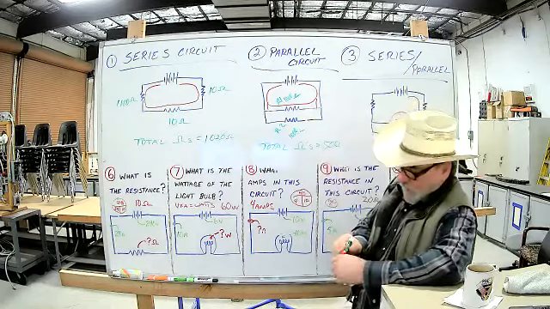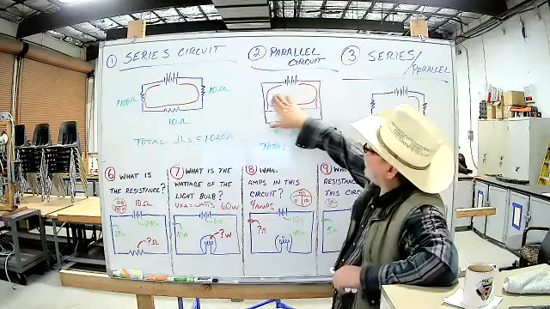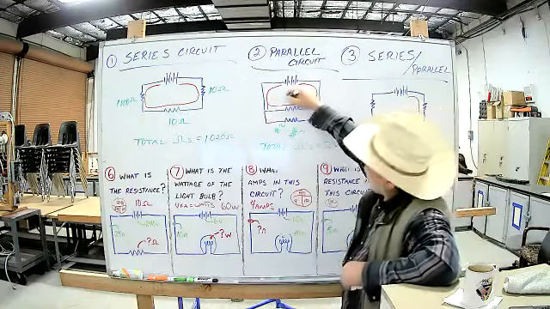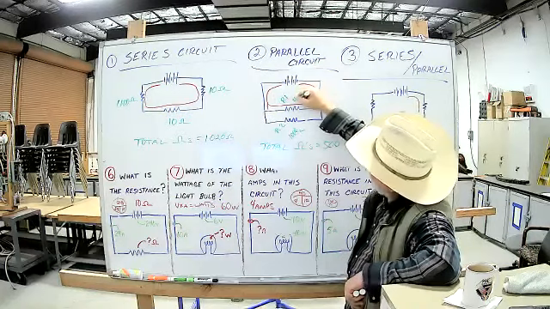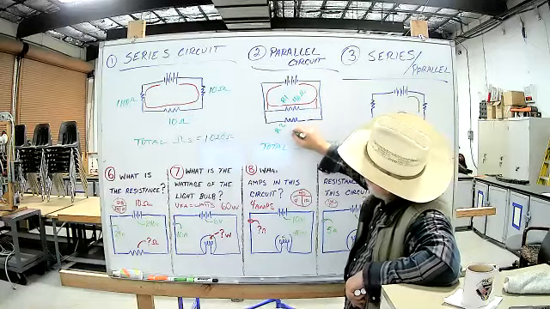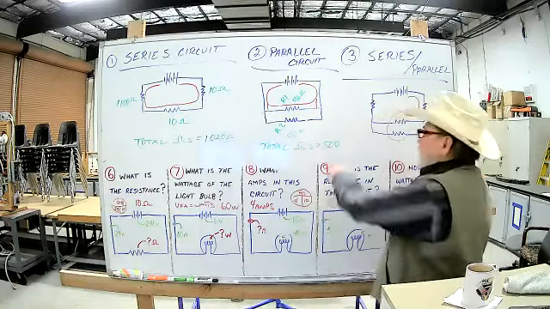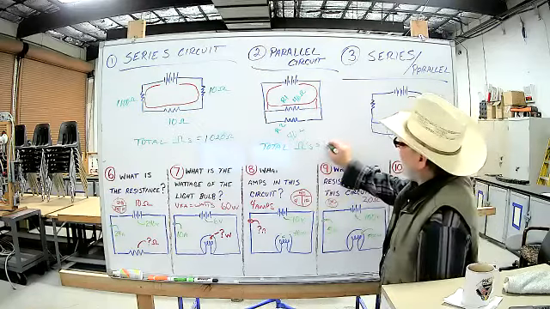You don't even have to think of anything. If R1 was 40 ohms, you already know half of 40 is 20, so your total resistance is going to be 20 ohms.